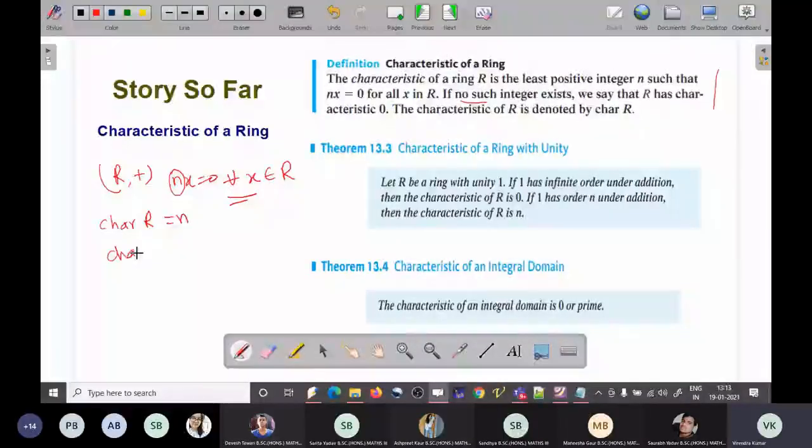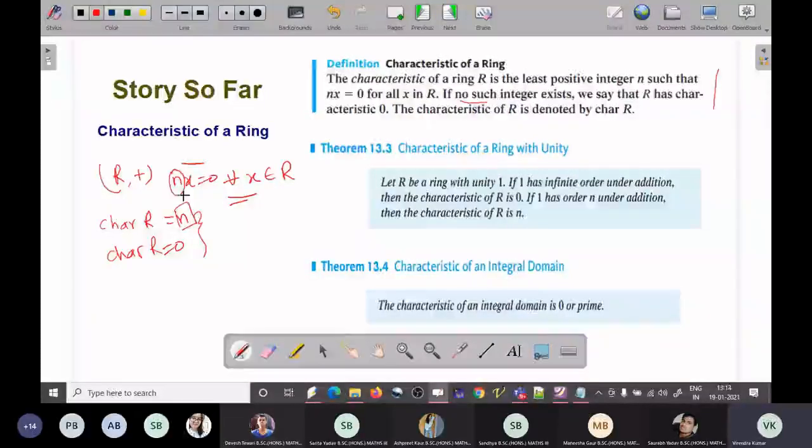In a general ring, it is sometimes tough to find the characteristic, because we need to verify this property for that particular n for all elements. So it is somewhat difficult to claim that a particular number n is the characteristic of that ring. Things become very easy if that ring has unity.